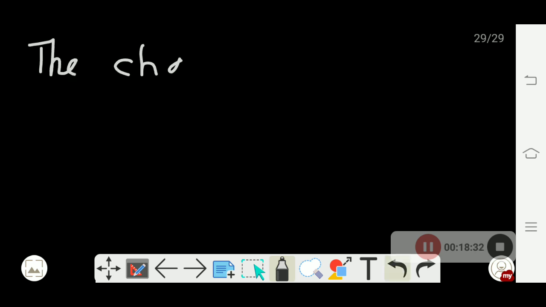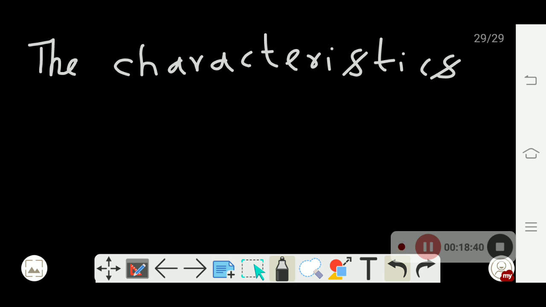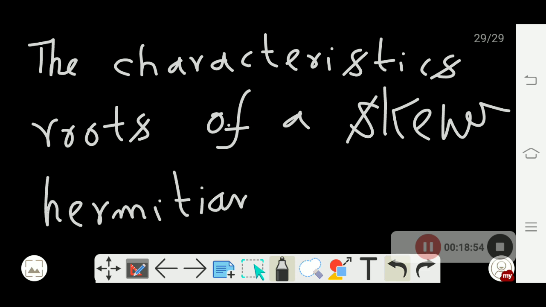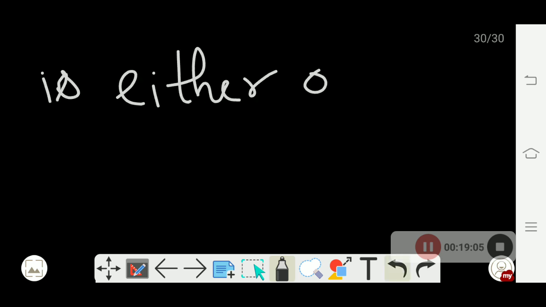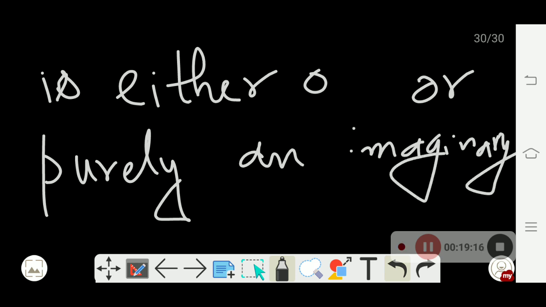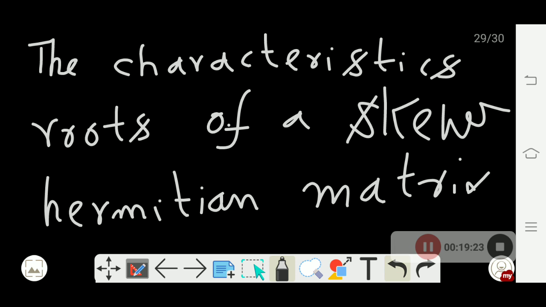Okay. For skew Hermitian, the characteristic roots of a skew Hermitian matrix are either 0 or purely an imaginary number.